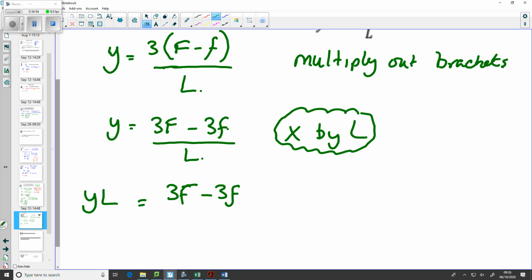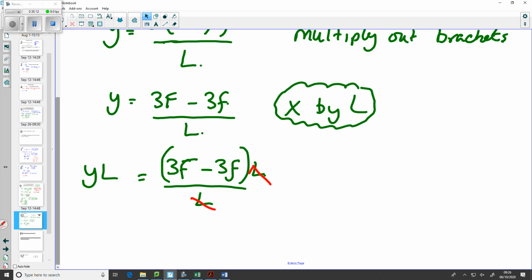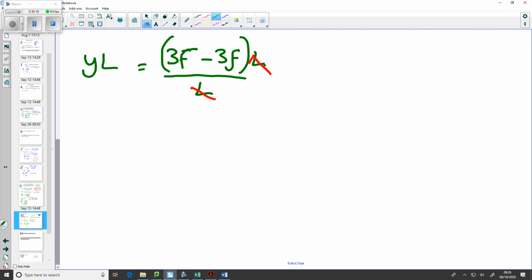So we're divided by L, and that whole thing multiplied by L, and those two cancel out. So what we have now is YL is equal to 3F minus 3 little f.